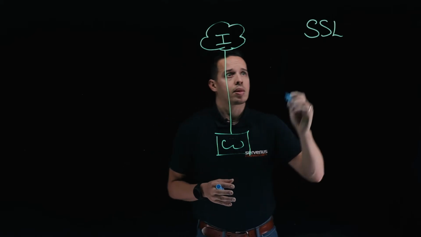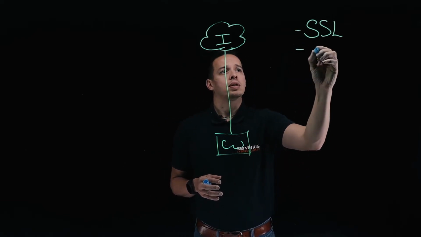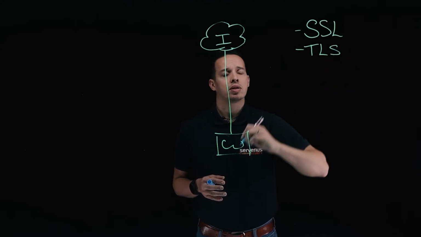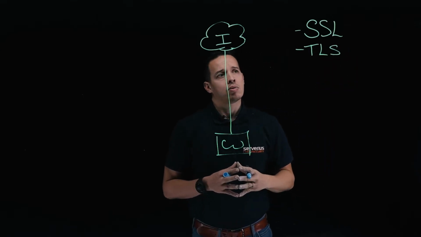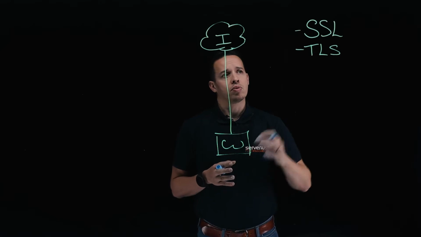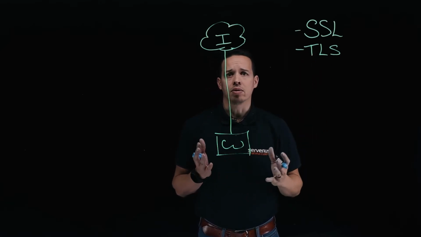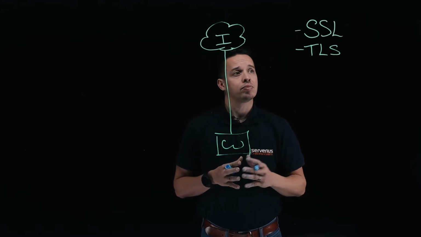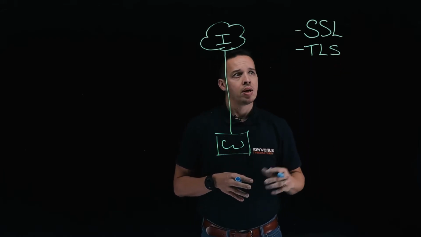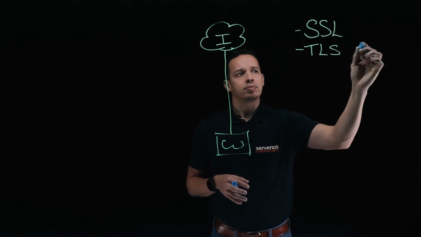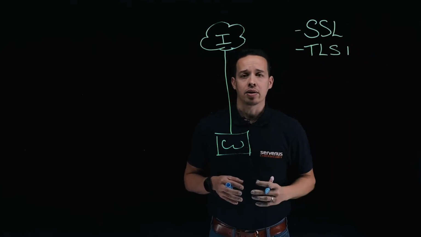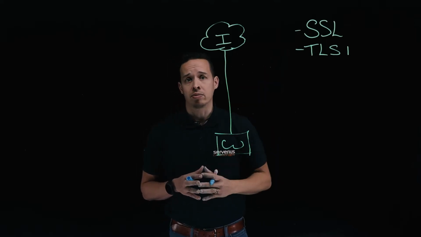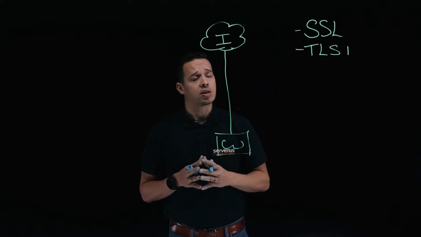But we also have Transport Layer Security, TLS. So what is the difference between TLS and SSL? Well, it is nothing more than just a newer version. Since 1999, TLS has been the newer version of SSL. So why still use SSL?